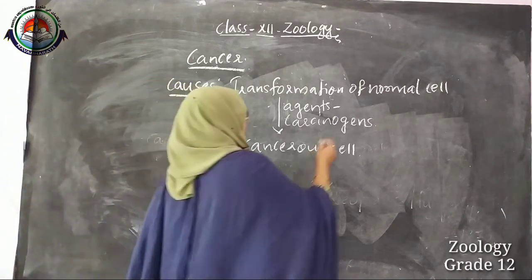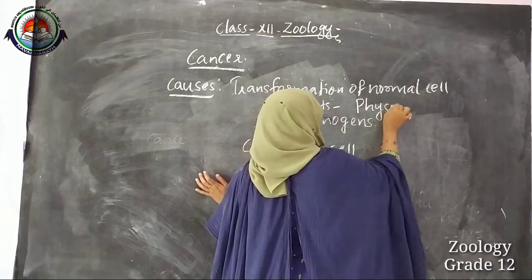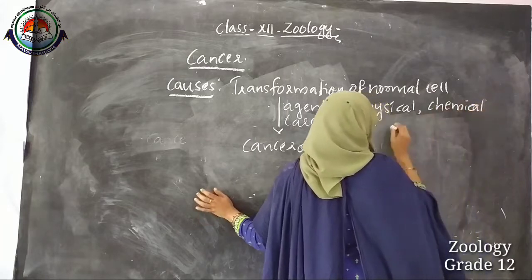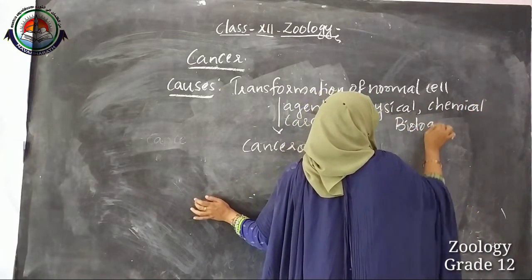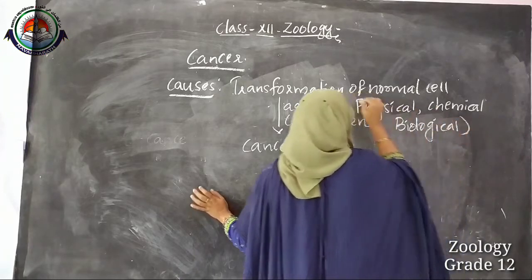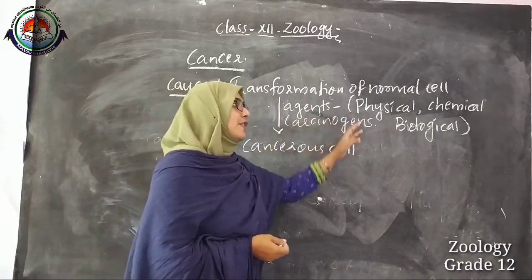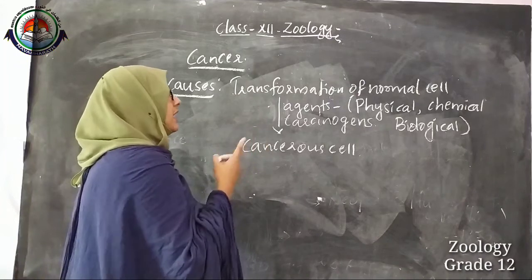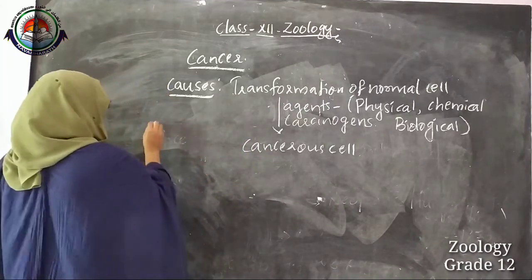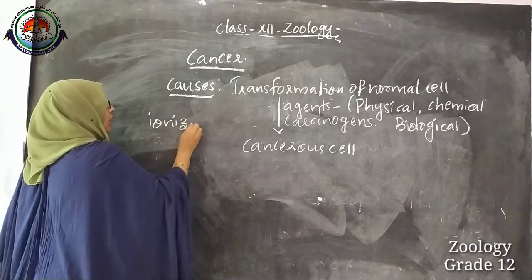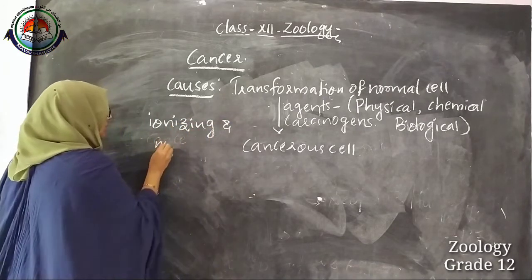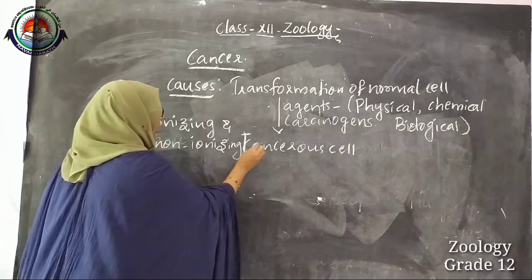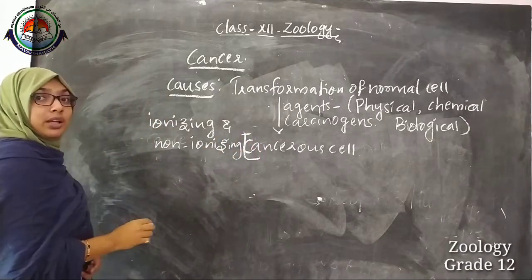These agents can be physical, chemical, and even biological. Clear? The physical agents include ionizing and non-ionizing radiation.